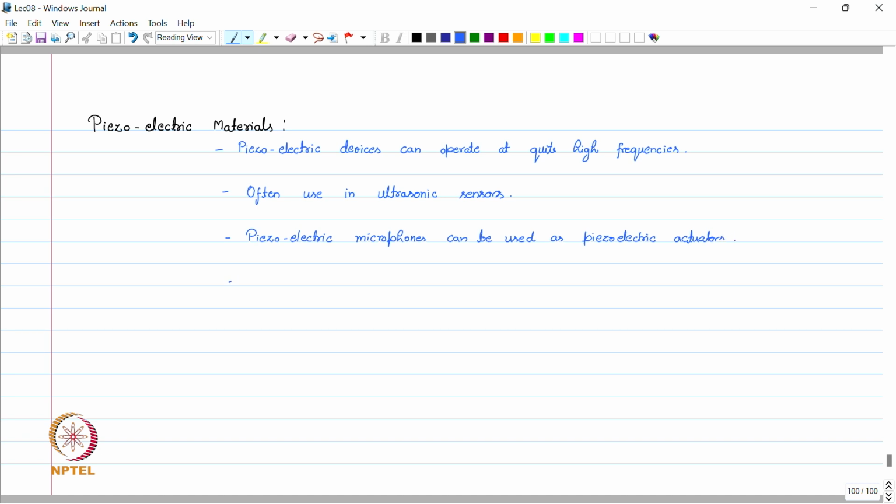And usually the same device can be used in either mode.